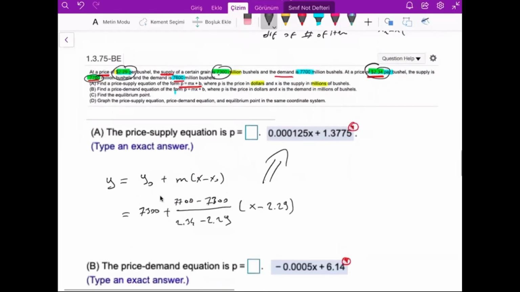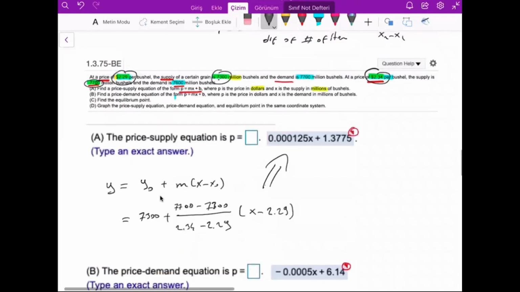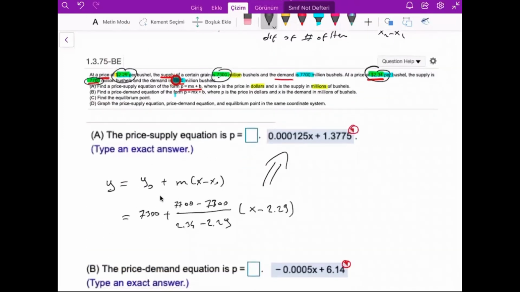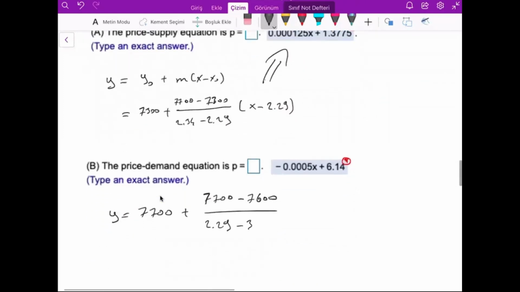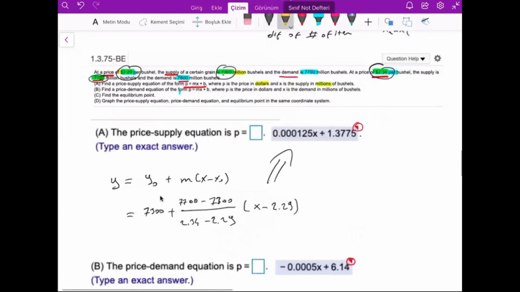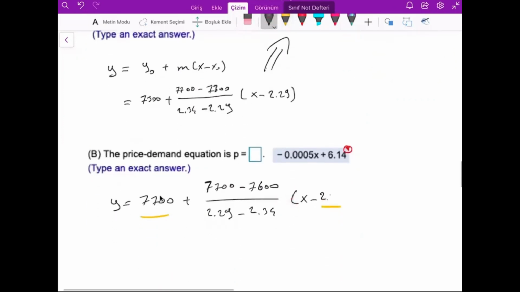Minus, what is the price when the demand is 7,600? 2.34. Times x minus x0. We use this value, so x0 should be related to that value. When the demand is 7,700, the price is 2.29, so we should choose 2.29.